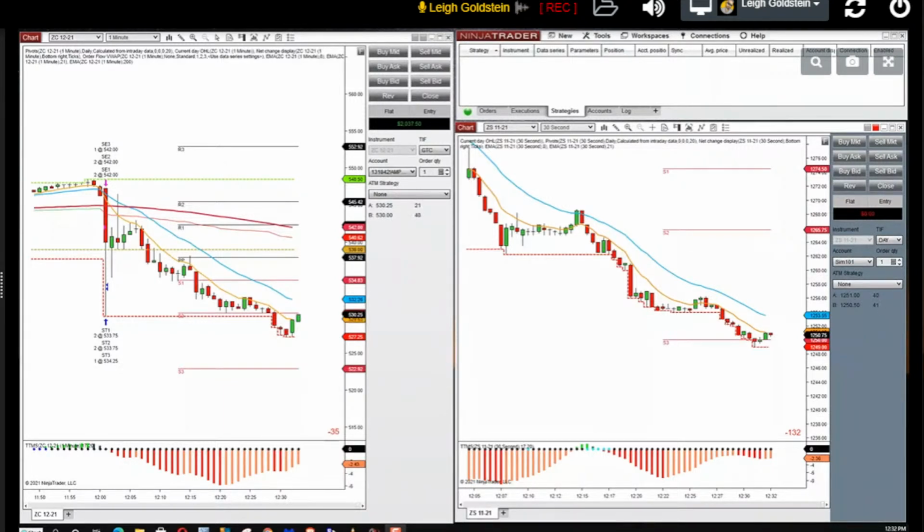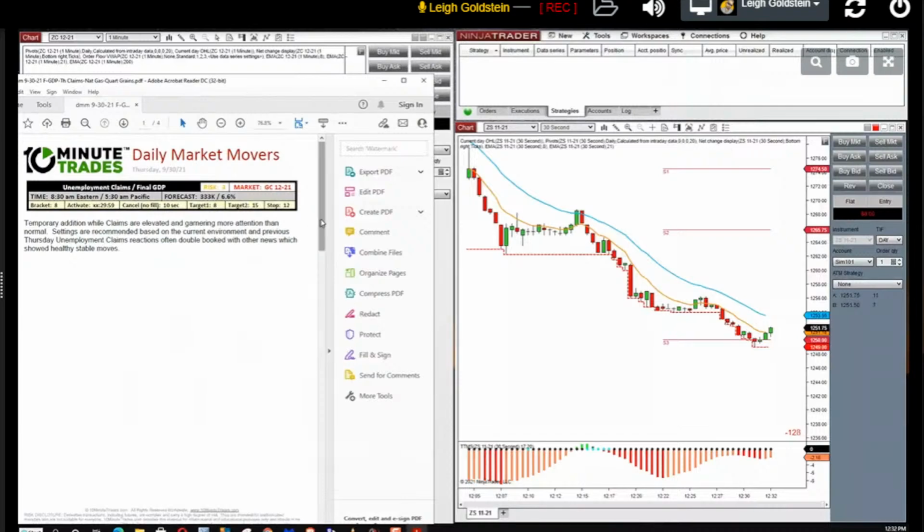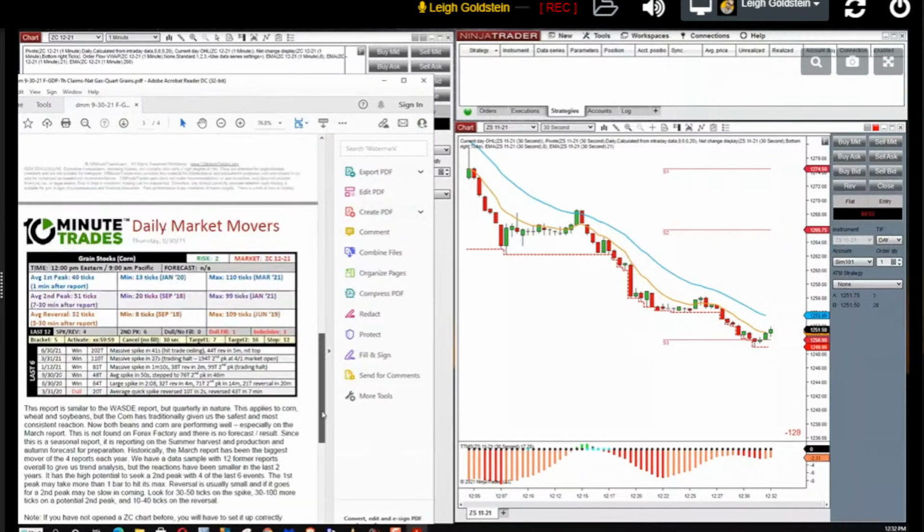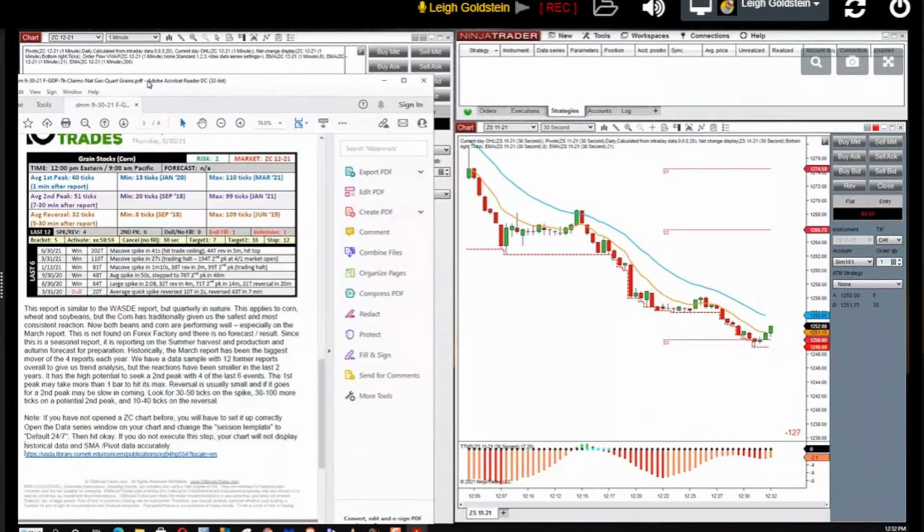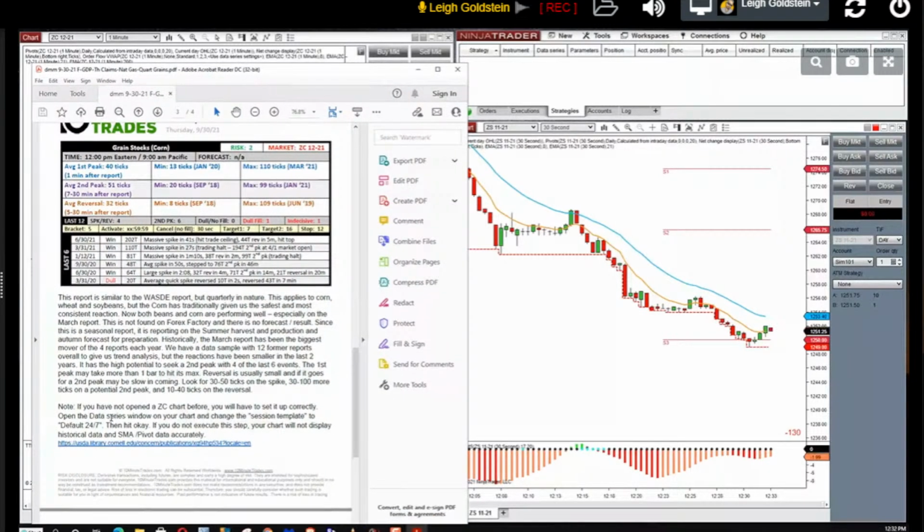Oh, Tess, what happened was there was a note at the bottom of the DMM that worried him, because it said, if you have never traded corn before. And it's just a note that shouldn't even be there, because it's not true. It's true, sort of. It's incorrect, actually. If you have not opened a ZC chart before, you'll have to set it up correctly.